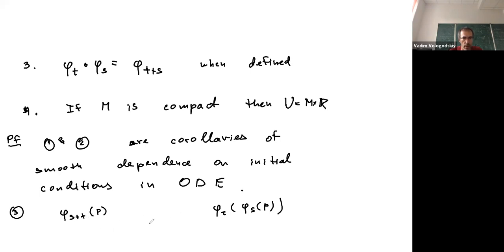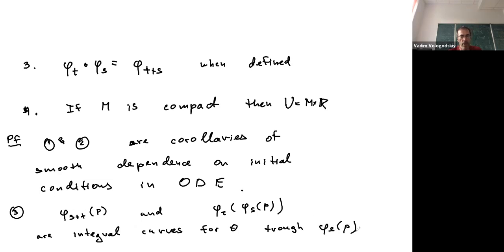Then both are integral curves for theta through the point, when t is 0, they both equal phi sub s of p, right?